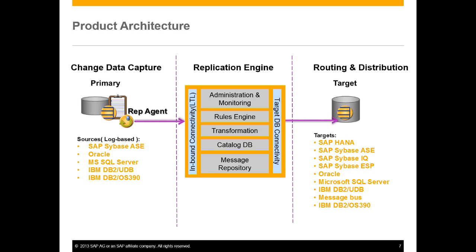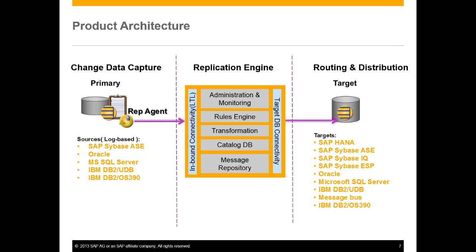We capture the transaction, and the replication engine figures out who the downstream subscriber is, so which database or even which message bus is interested in this transaction. All of these are configured as what we call publications and subscriptions within the replication engine.